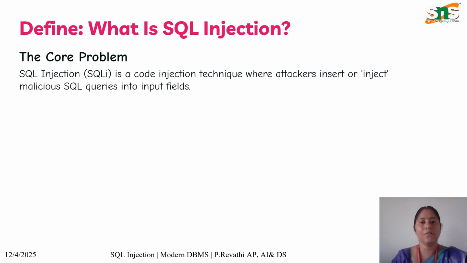Now, instead of a number, the attacker enters: OR 1=1. The query becomes: SELECT * FROM users WHERE ID = NULL OR 1=1. And since 1=1 is always true, the attacker gets access to all records. This small trick can break the entire system. That's why understanding SQL injection is important.